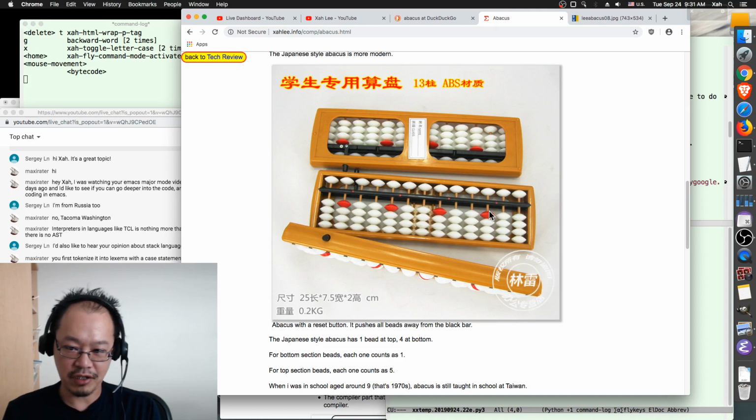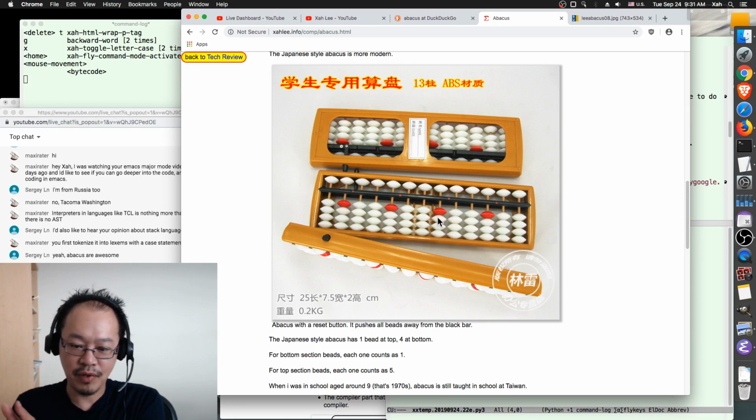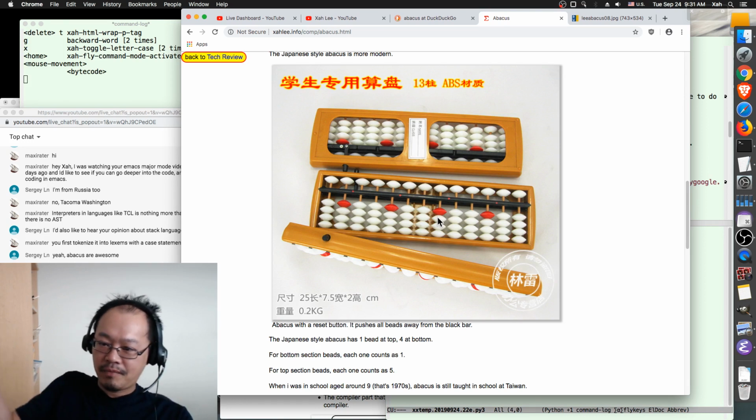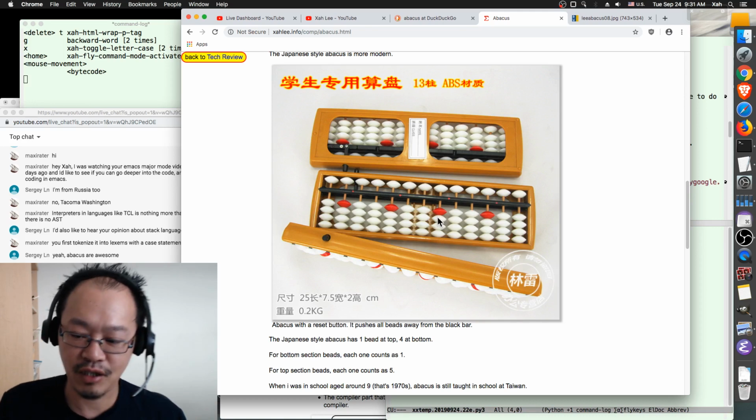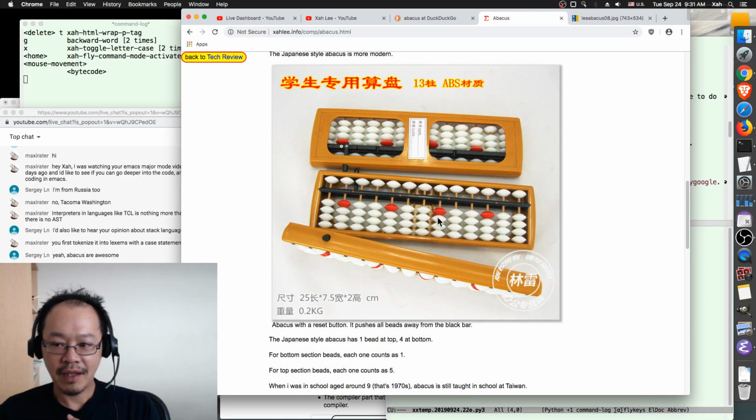You can imagine we have an instruction set, a set of instructions, which includes moving a robotic arm to a column and pushing beads. That makes up the assembly language.